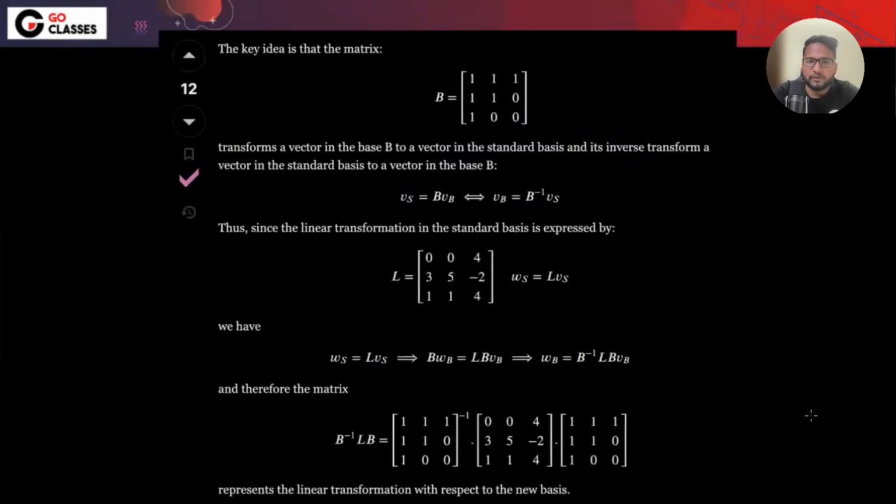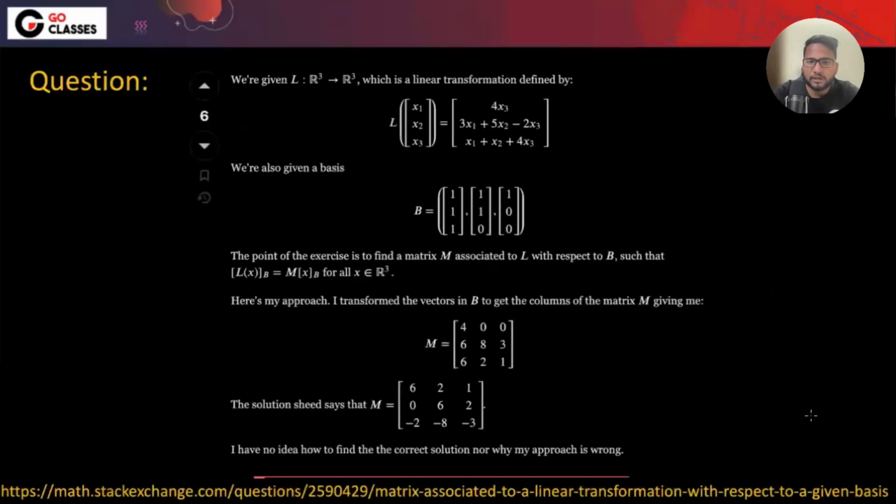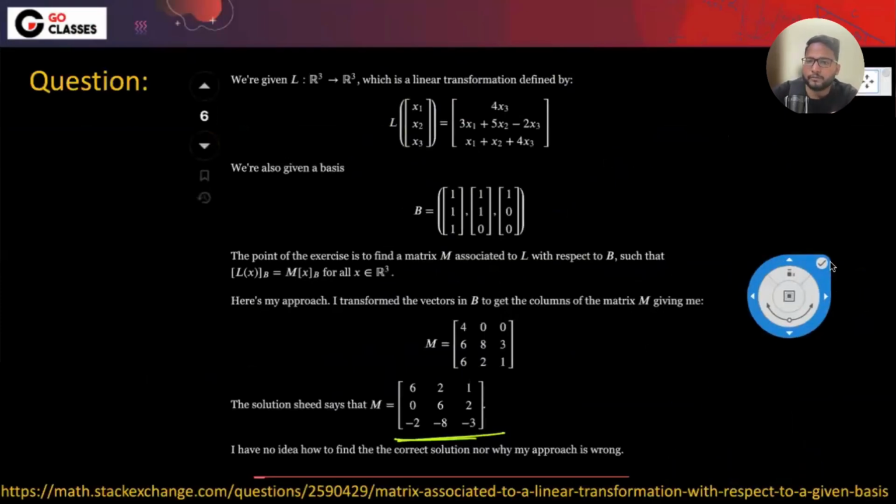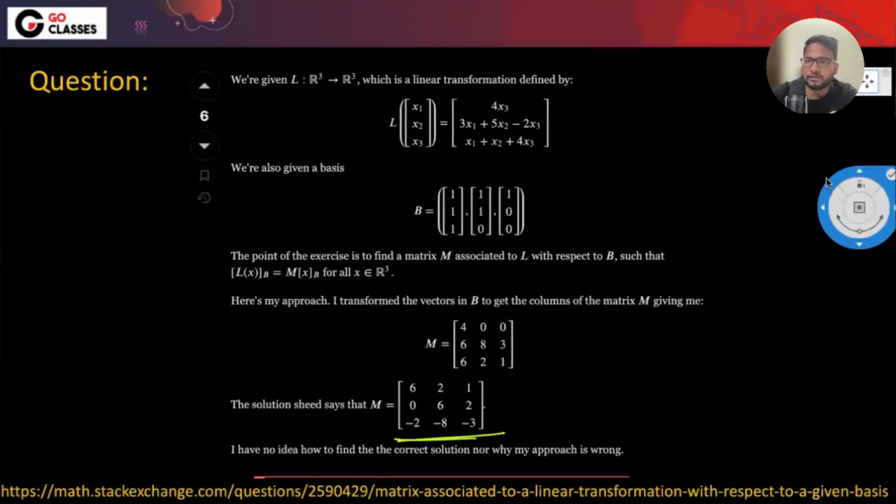So yeah, this inverse, and I think the answer is written here. Yeah. So finally, the solution sheet says this is the answer. Okay. Yes, this answer and the answer that we have got are same. Okay, as you can see, the answer that is listed here and the answer that we have got are same, right?